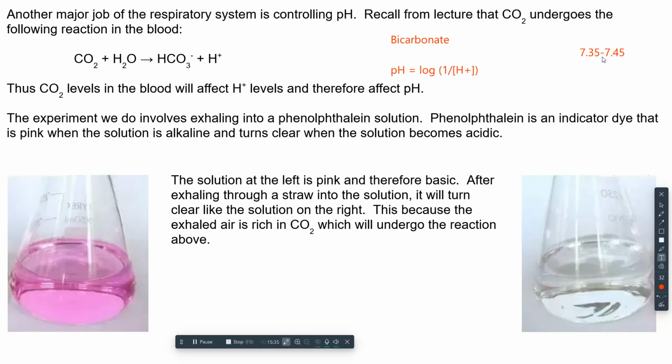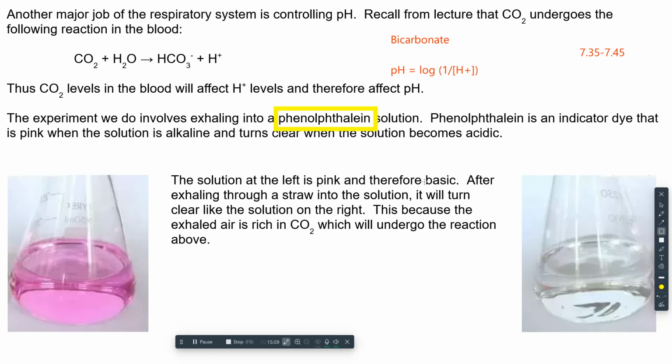Now, hopefully we'll have a chance to do this experiment in lab. What we're going to do is exhale through a straw, like blow bubbles, into a phenolphthalein solution. And by the way, phenolphthalein is going to be the greatest word to spell on your exam.